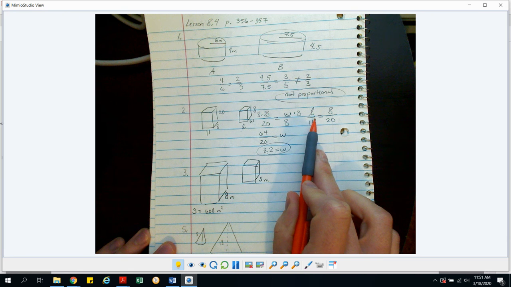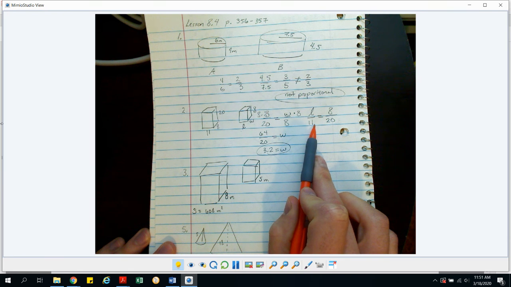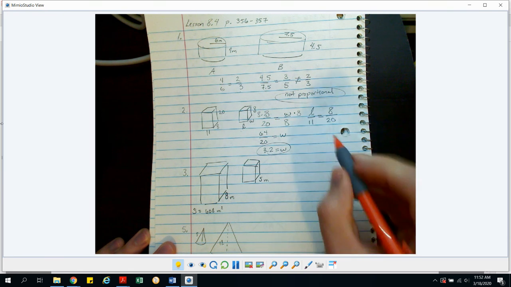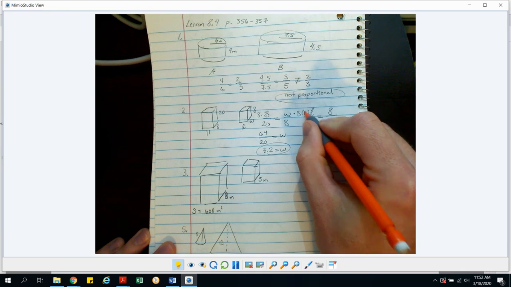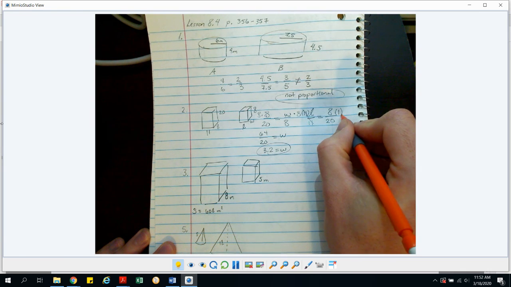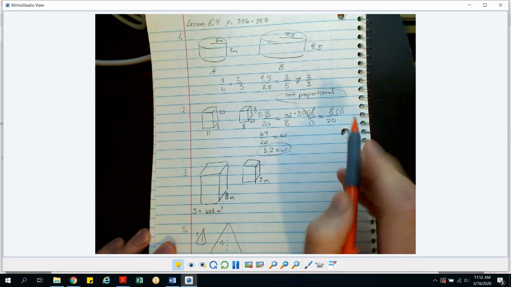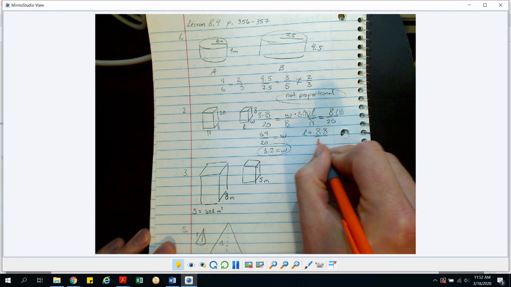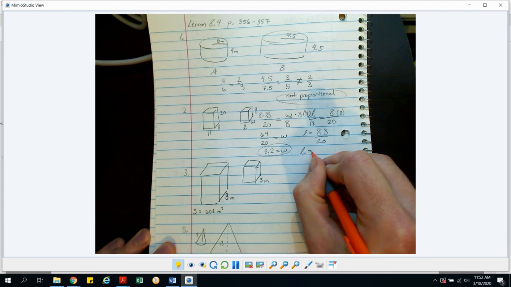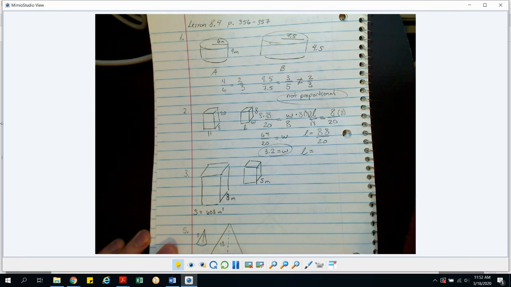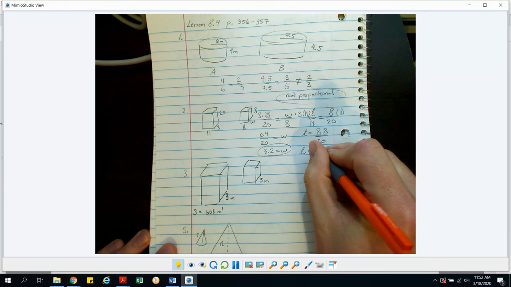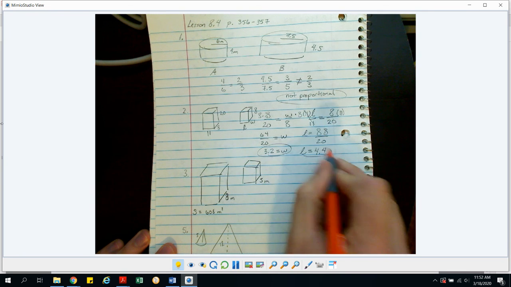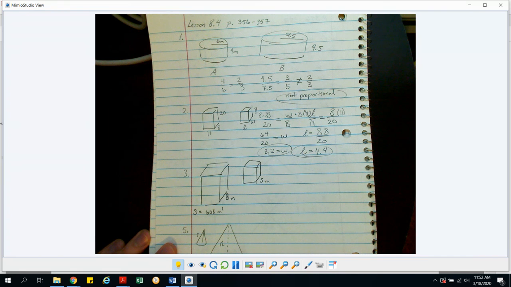Go ahead and solve for L. L divided by 11, I'm going to do the opposite of dividing, which is multiplying both sides by 11. L equals 88 over 20. Go ahead and punch 88 over 20 into your calculator, and we're going to get 4.4. So the missing length here is 4.4.